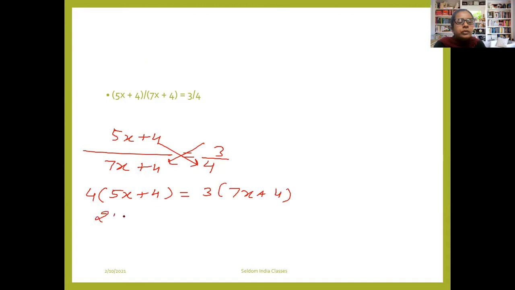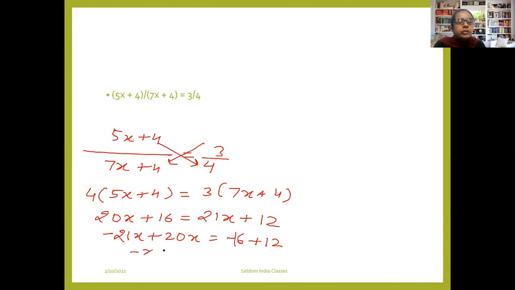Okay, 20x plus 16 equals 21x plus 12. Move the x terms to the left and the numbers to the right. So we have minus x equals minus 4 or x equals 4, cancelling the negative sign.